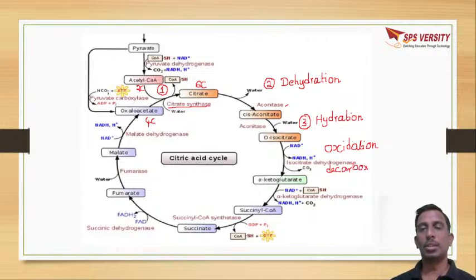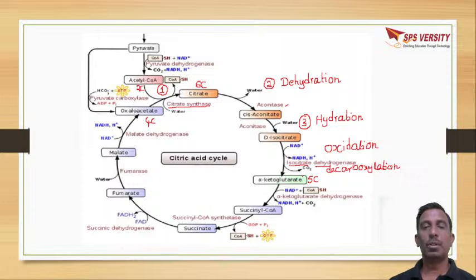Oxidation means release of H2, decarboxylation means removal of CO2, in the presence of enzyme isocitrate dehydrogenase. इसके वास्ते क्या फॉर्म होता है कि alpha ketoglutarate, which is a 5-carbon compound.